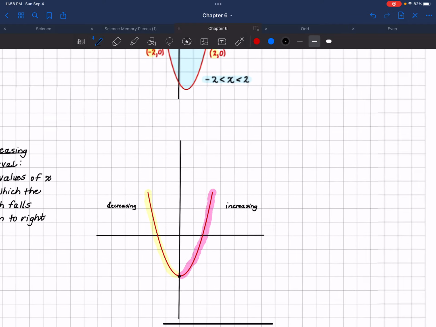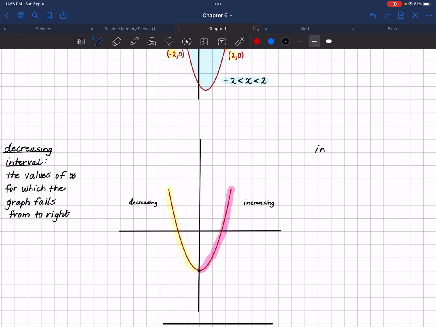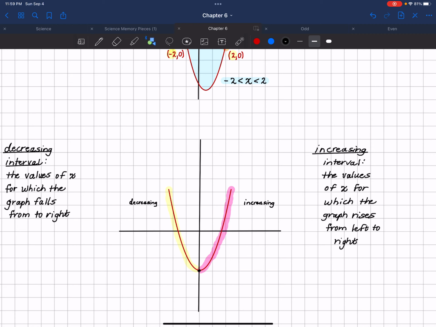And the increasing interval is defined as the values of x for which the graph rises from left to right. That is called the increasing interval.